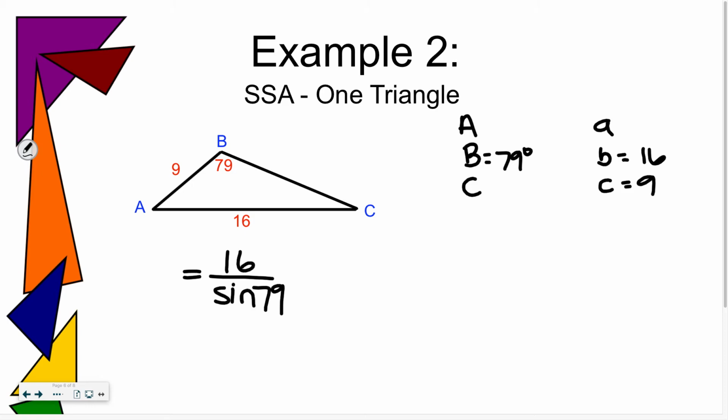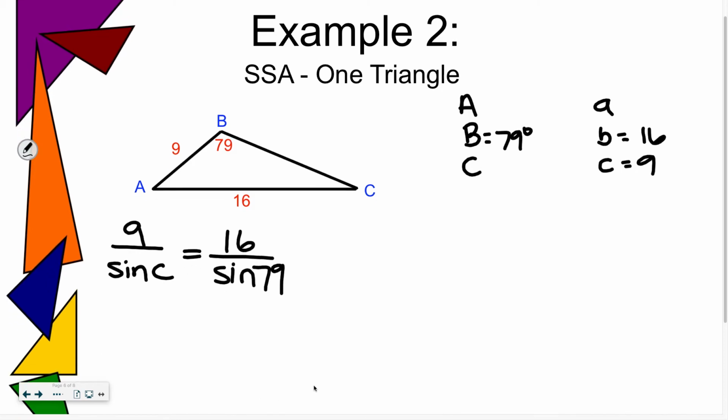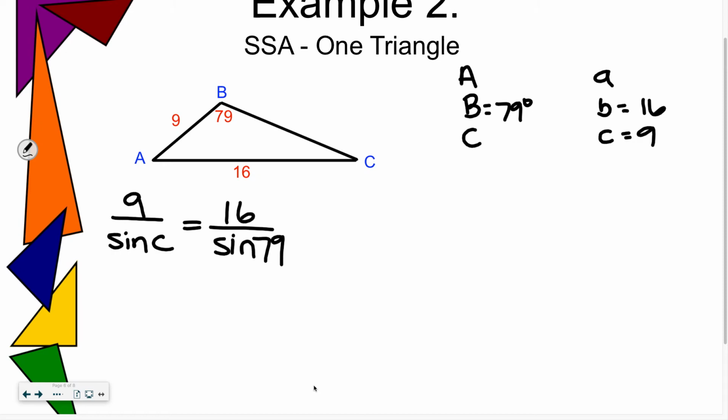Currently, the only other information you know is about side C. So the first thing that we all have to solve for, we don't really have a choice on this one, we'll all have to solve for angle C first. So we'll make the ratio 9 over sine C. Okay, still a proportion, so cross multiply.